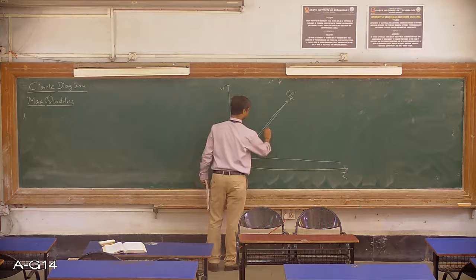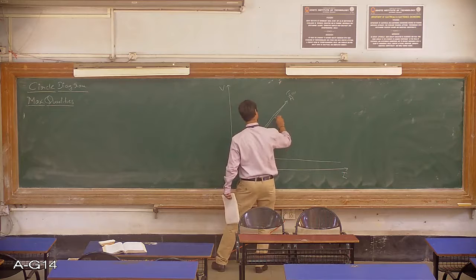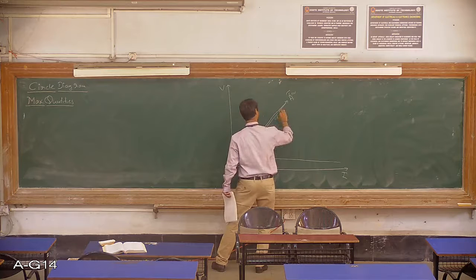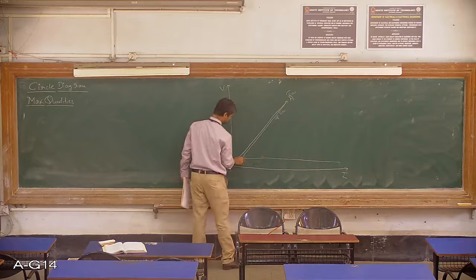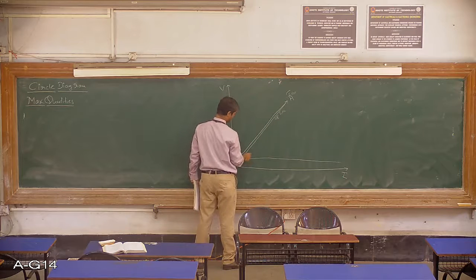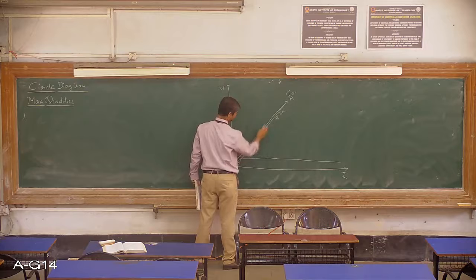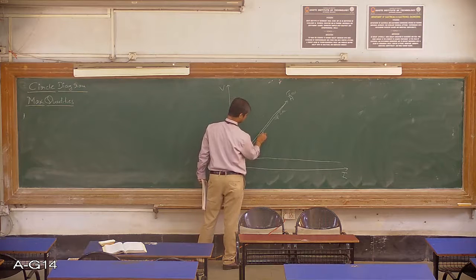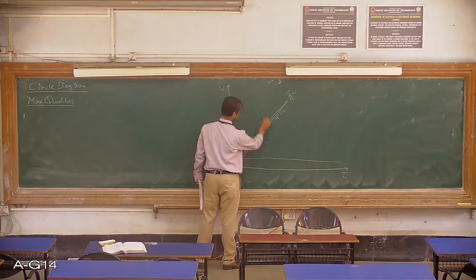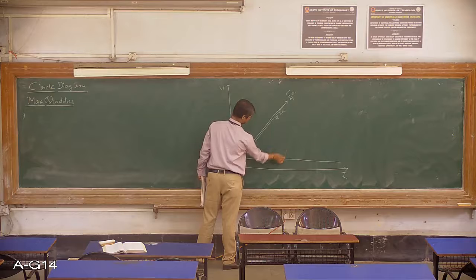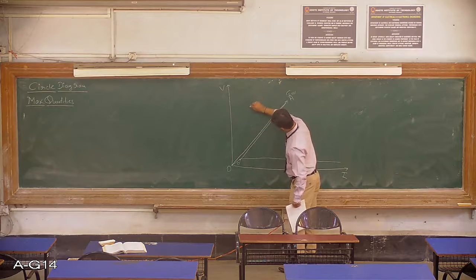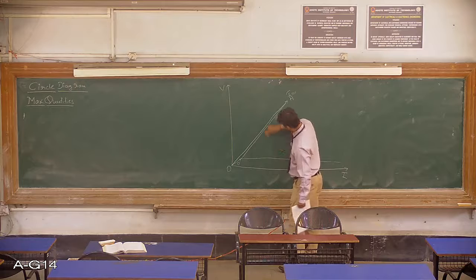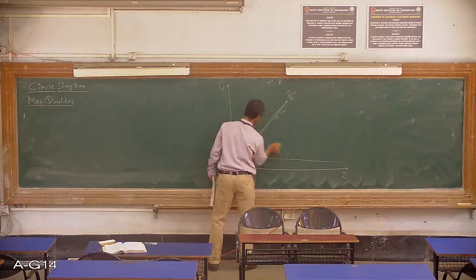Now this line is the output line. To this O dash A output line, draw a perpendicular bisector.